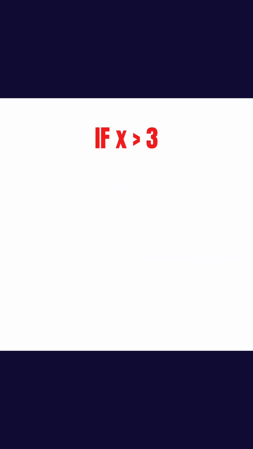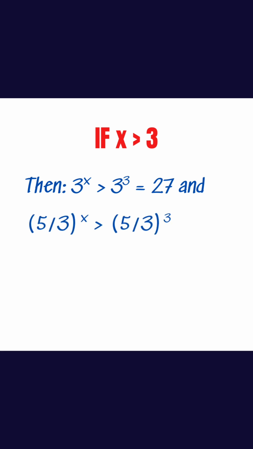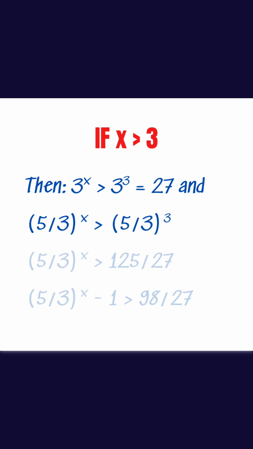Suppose x is greater than 3. Then 3 to the power x is greater than 3 to the power 3, which equals 27. And 5 divided by 3 raised to the power x is greater than 5 divided by 3 raised to the power 3, which equals 125 divided by 27.